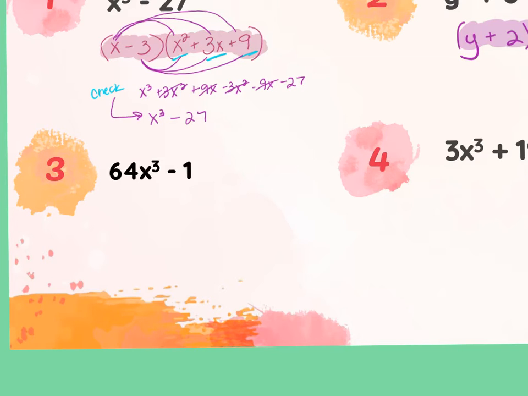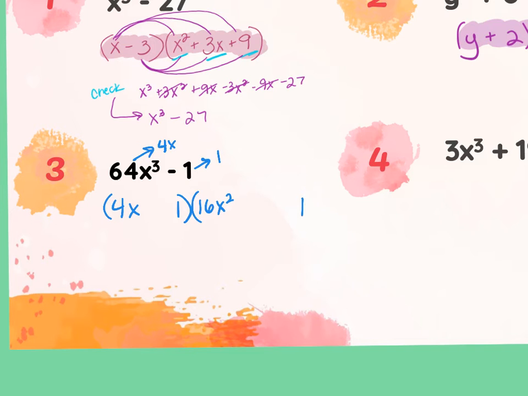All right, 3, 64x to the third minus 1. So cube root here, oops, is 4x this time. Cube root of 1 is 1. So it's the first two together. Square 4x and I get 16x squared.